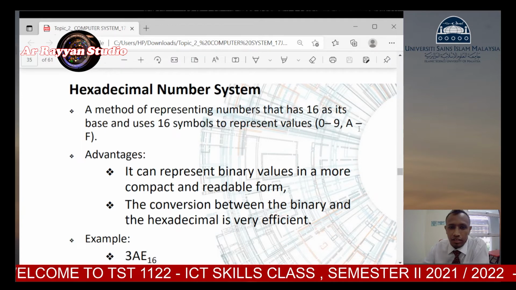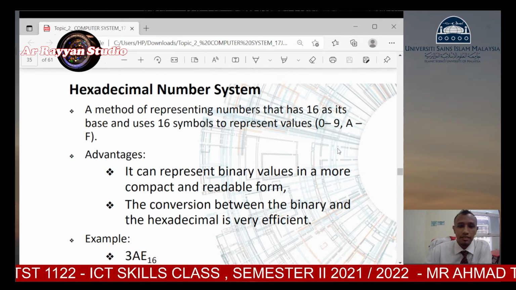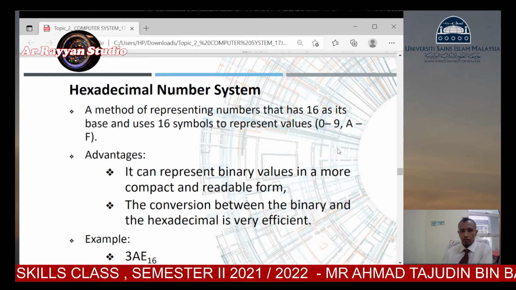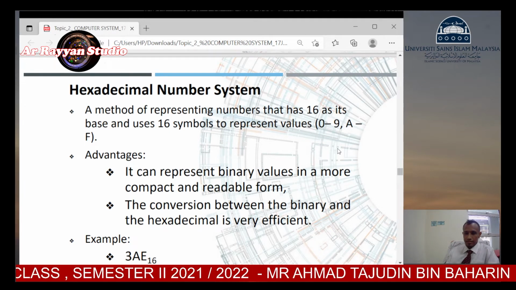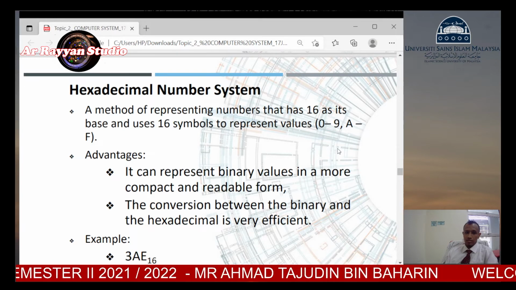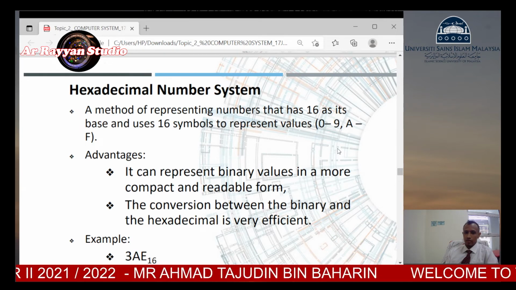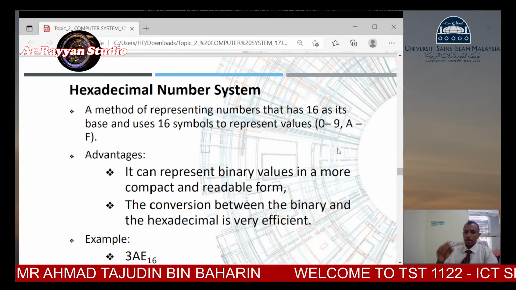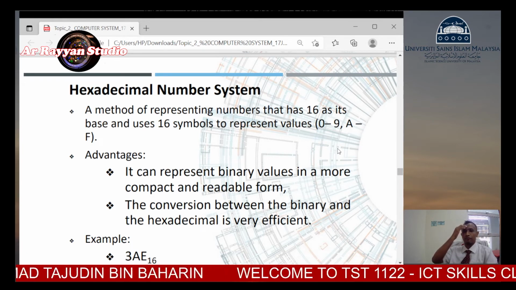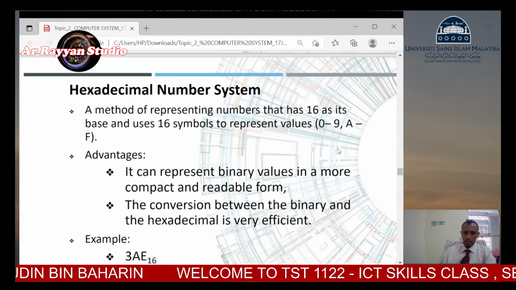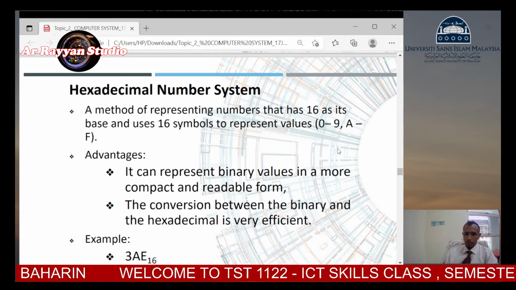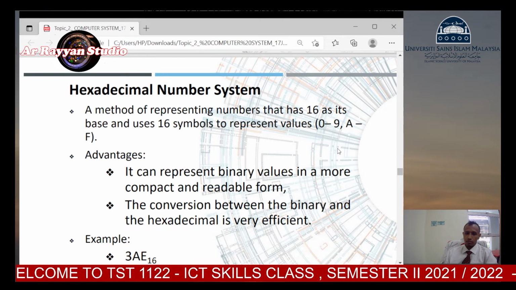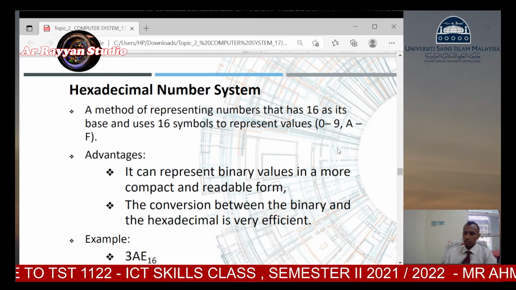Alright, so next, hexadecimal number system. A method of representing numbers that has 16 as its base, right, and uses 16 symbols to represent values from 0 to 9 and A to F. Okay, the advantage is it can represent binary values in a more compact and readable form, and the conversion between binary and hexadecimal is very efficient.